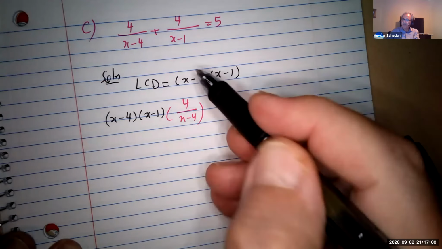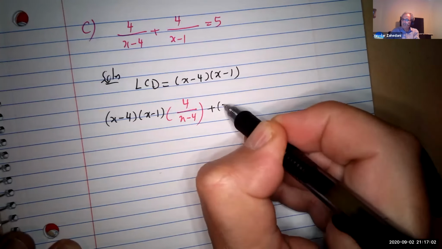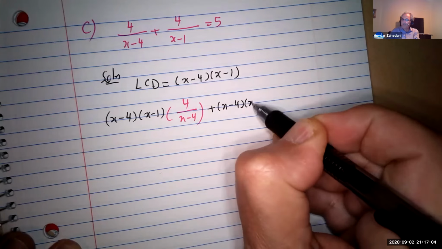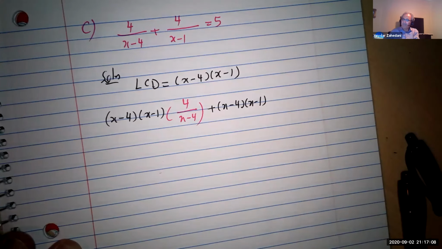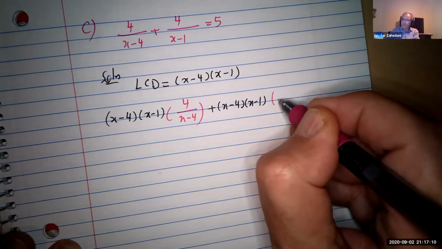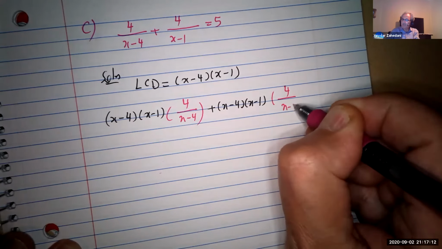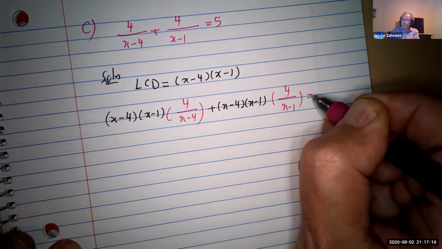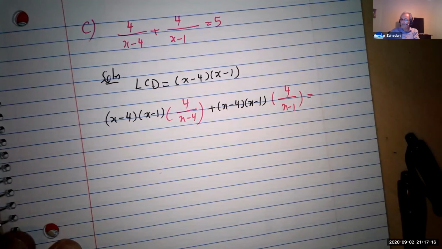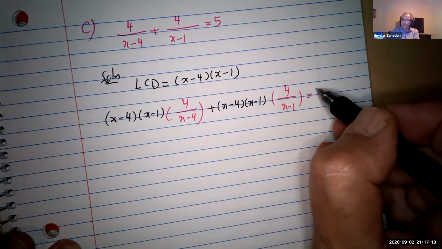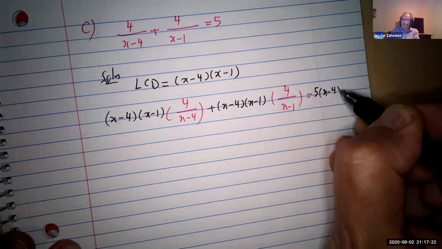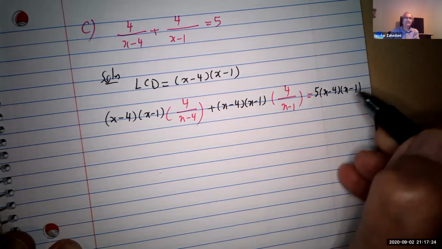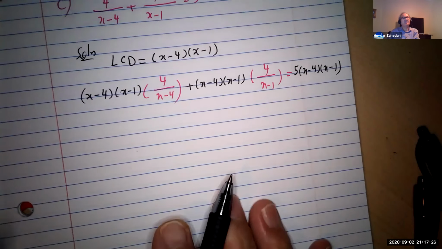Plus, you repeat it again: x minus 4 times x minus 1 times 4 over x minus 1. You repeat the same thing for the other side. It's going to be 5 times x minus 4 times x minus 1. Any question?